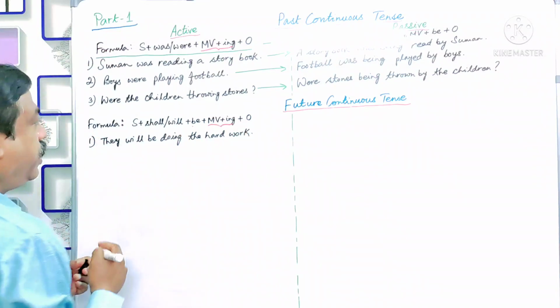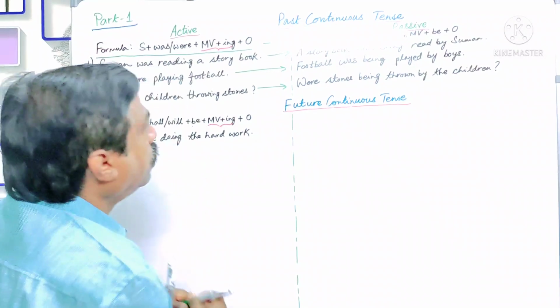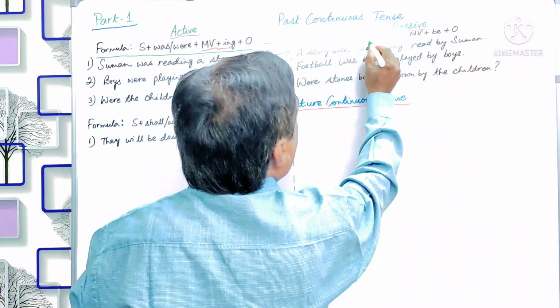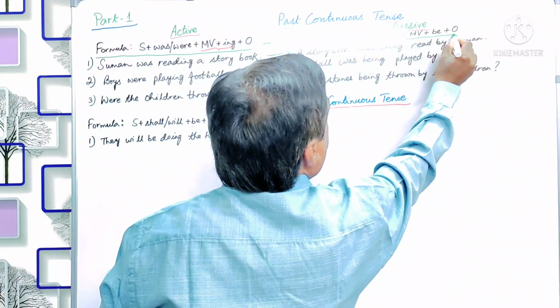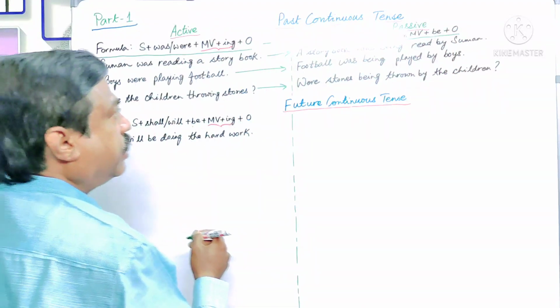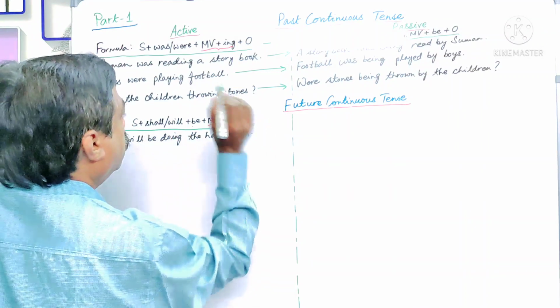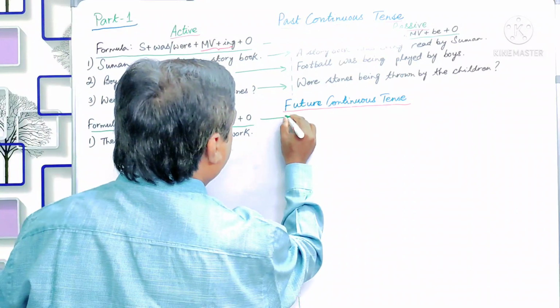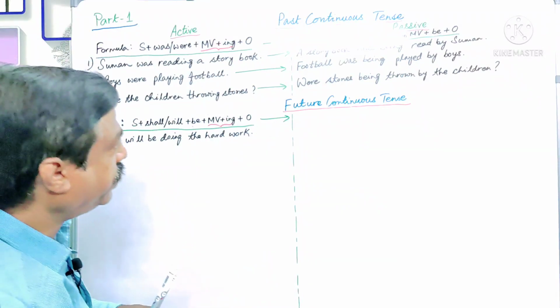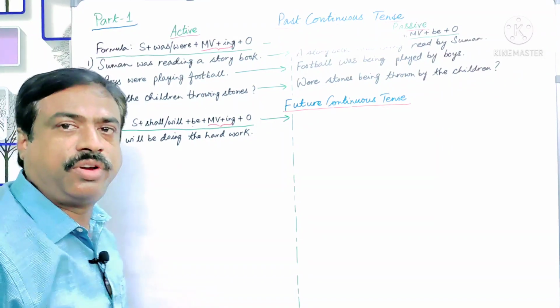Now you see here, this is the formula. I just underlined it with a green pen so that you understand it well. Here is the formula again, and this is the formula to be written here in the future continuous tense in the passive voice.